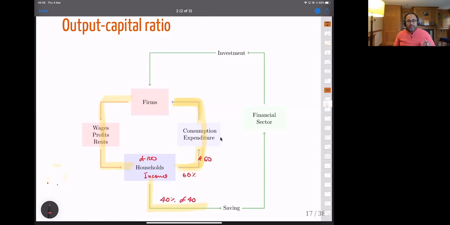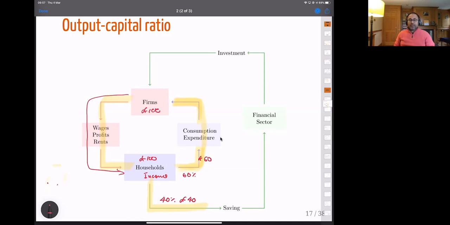So the idea here is simply this. If 100 pounds is the output of the economy, 100 pounds flows to the households. 60 pounds is spent back to the firms in the next period to buy consumption goods, and 40 pounds becomes saving.